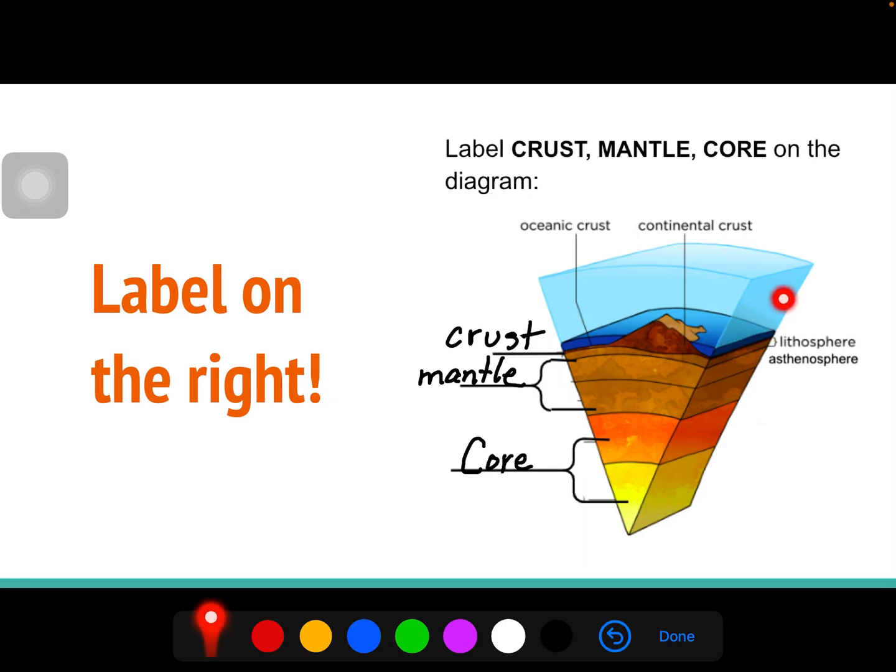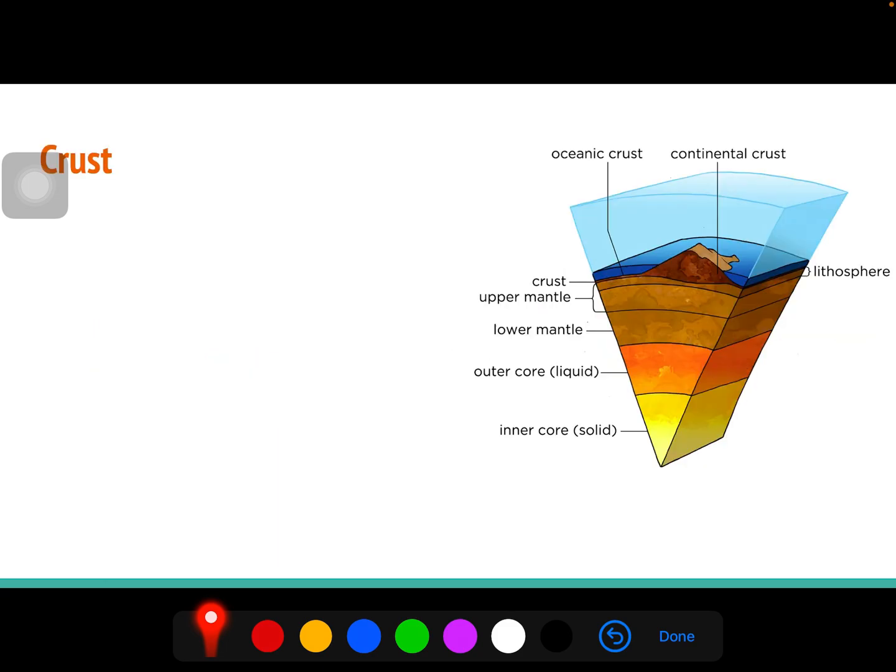This light blue right here is really the atmosphere, just kind of pulling it all together. So the ocean crust is underneath the water, and then of course the land we can see is our continental crust. So stay tuned with that diagram. We'll keep adding a few things on it as we go.